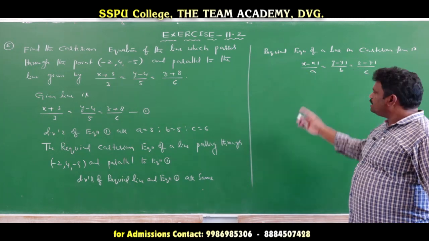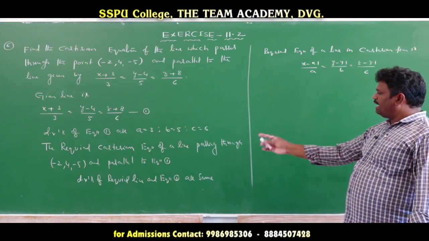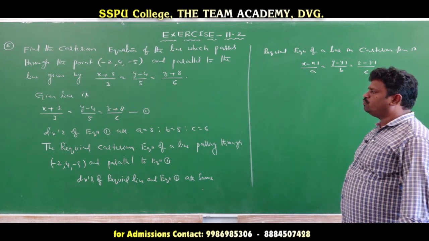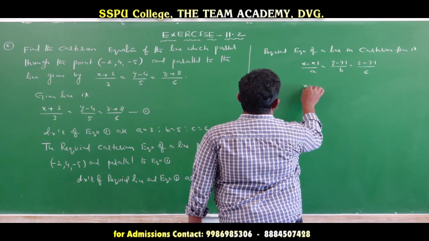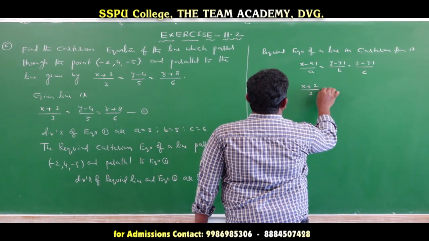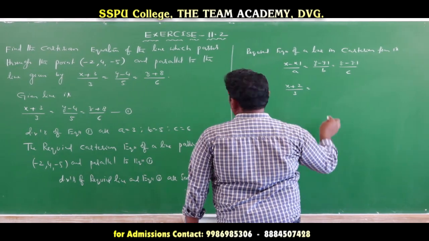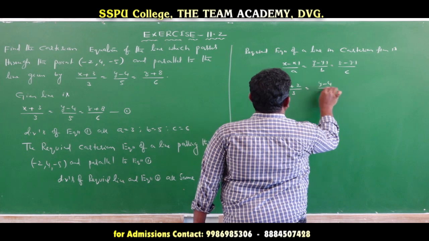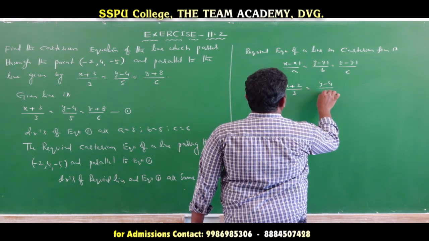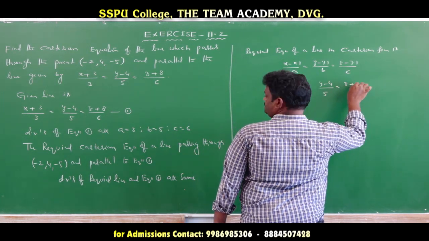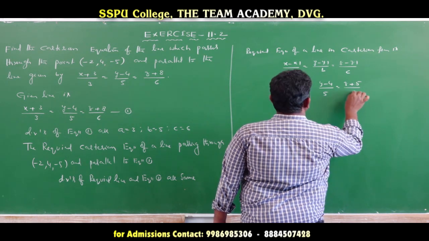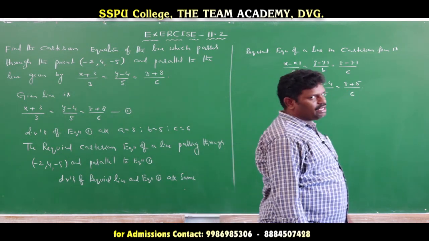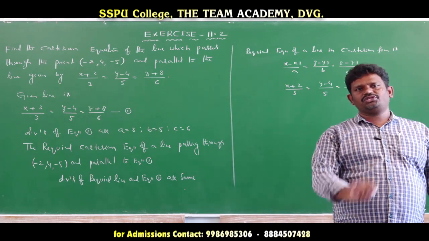Here the direction ratios are the same and it passes through the point (minus 2, 4, minus 5). So (x plus 2) by 3 is equal to (y minus 4) by 5 is equal to (z plus 5) by 6. Now this is the required equation of a line in Cartesian form.